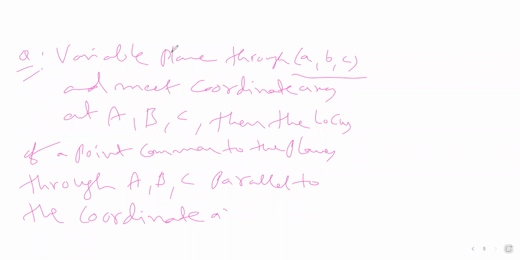We know the coordinate planes are the xy plane, yz plane, and xz plane. The locus is a by x plus b by y plus c by z equals 1. Just keep this as one property, that is enough for us.